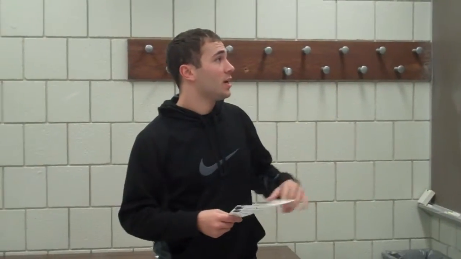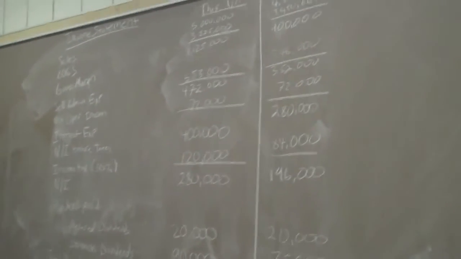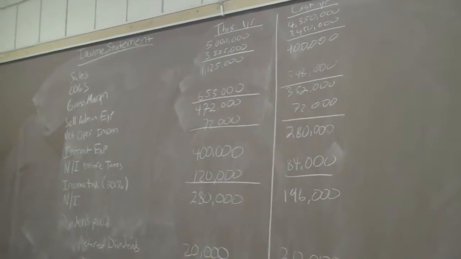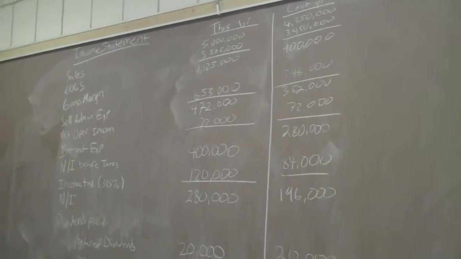Okay, good afternoon. I'm Phil. We're also doing number 2B for problem 14-12. And for 2B, we're on the income statement, and we are finding the common size percentages. Can anyone tell me how to figure that out?